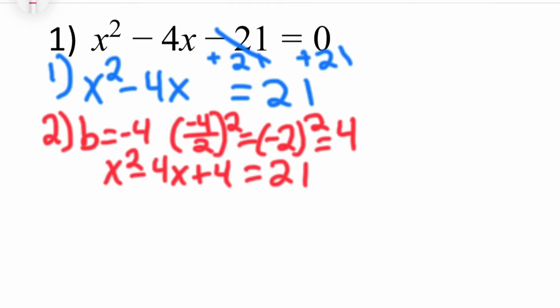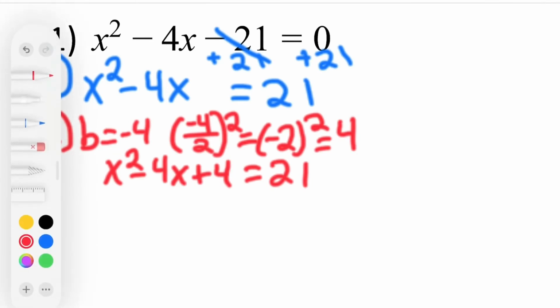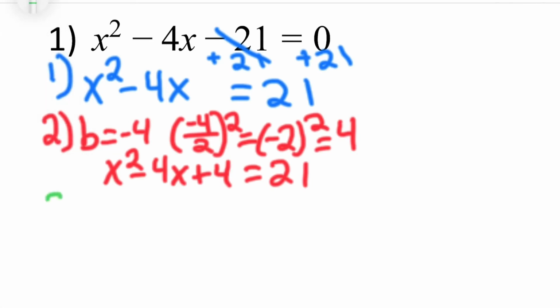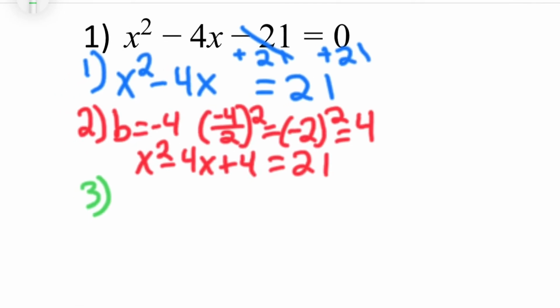But we just added a random 4. It is no longer both sides equal to each other. So we have to fix that. We're going to fix that in step 3. Step 3 is to take whatever we just created in step 2 and add it to the other side.